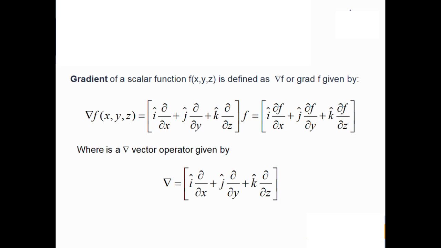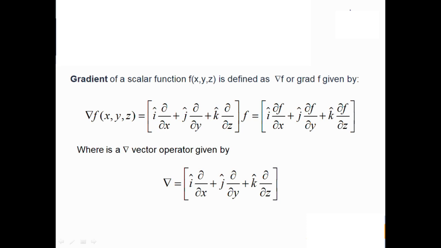So when we talk about gradient, gradient is the operation of del, or the nabla, or the gradient operator on a scalar point function. And as a result of this operation, what you get finally is a vector. Now, how that happens, we're going to look at in a minute. But if you look at the mathematical definition, grad f, or gradient of a scalar point function f, is defined as del f.